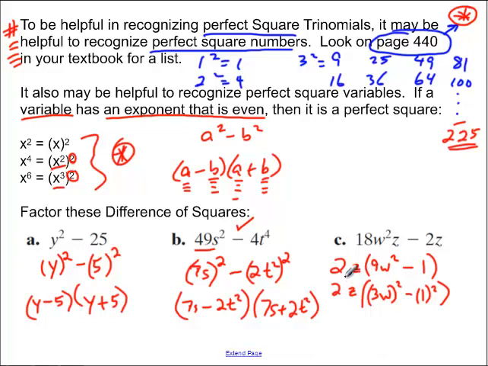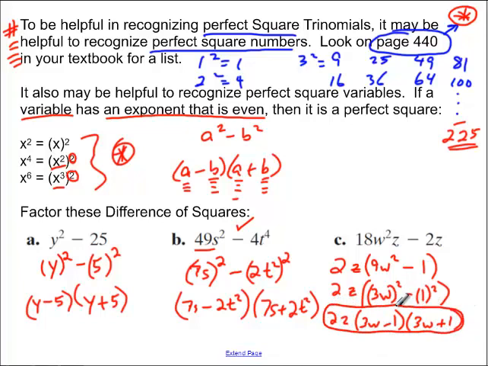Just to say that, you know what, let's follow the thought process and say, factor this out, and then 9w squared is rewritten as 3w squared. 3w is our base. The 1 can be rewritten as 1 squared, but we get the idea that it's a perfect square anyway. So now let's rewrite this as 2z times, it'd be a minus b, a plus b. Here's our a, here's our b. A is 3w, b is 1, so we rewrite 3w minus 1, 3w plus 1, and that should be our factorization. So there's our factorization.